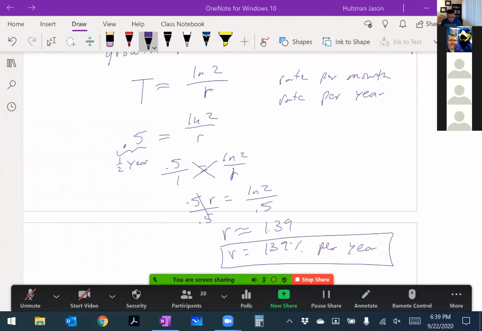Let's move into 2.2 now. Professor, I have a question. If we were to do it per month, you would just have to do t equals 6? Yes, exactly. And then the rate would be per month, right? Yes. That would be a monthly rate, which is called a nominal rate.